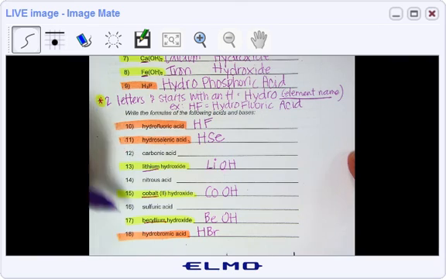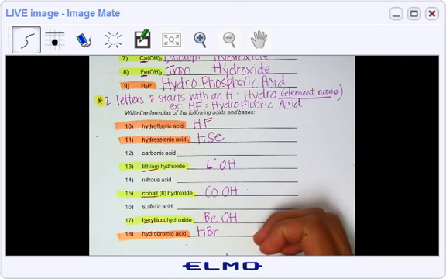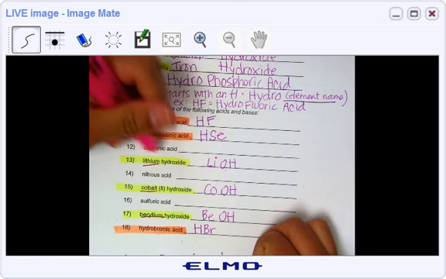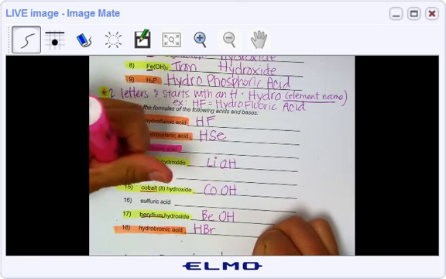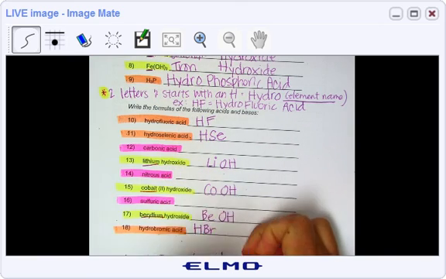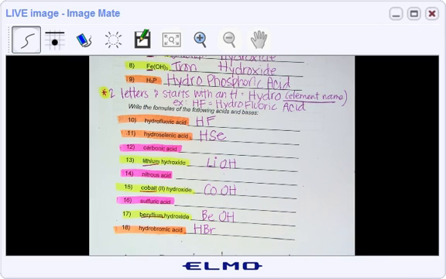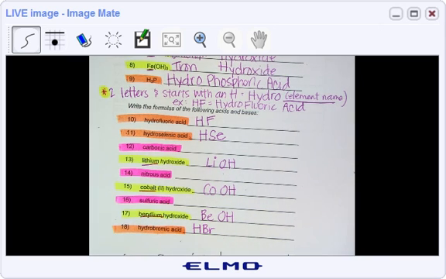Okay, and for number 12 and 16, these are polyatomic. If it's not the other two, by other two, if it's not a base and if it's not hydro, go to the polyatomic chart.